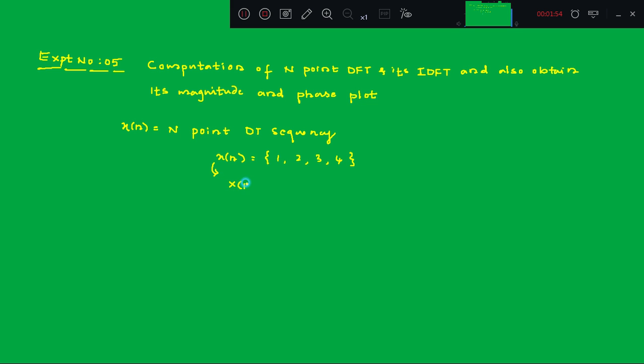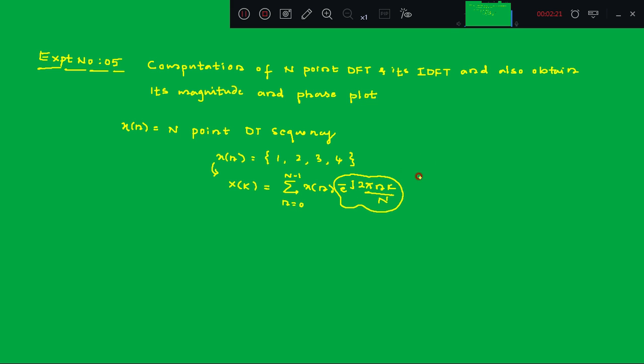X of k. And if I take the DFT equation, that is summation n equal to 0 to N minus 1 x of n, and here it is e raised to minus j 2 pi n k divided by capital N, right? So what is this e raised to minus j 2 pi n k divided by capital N?